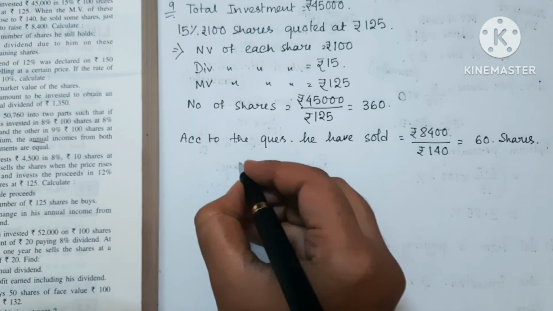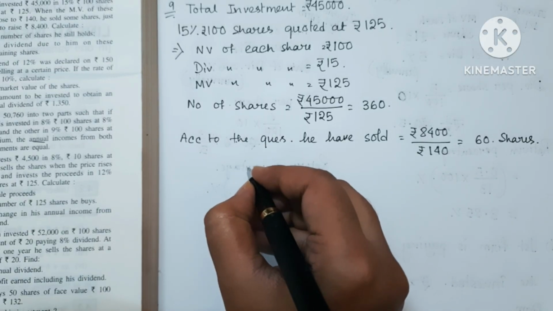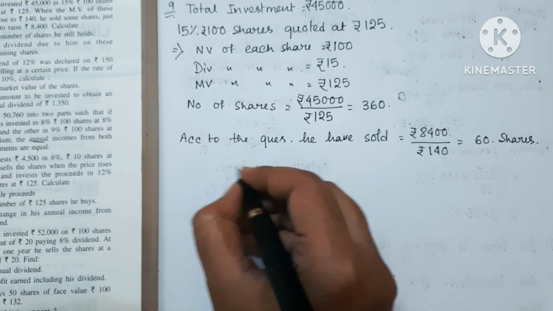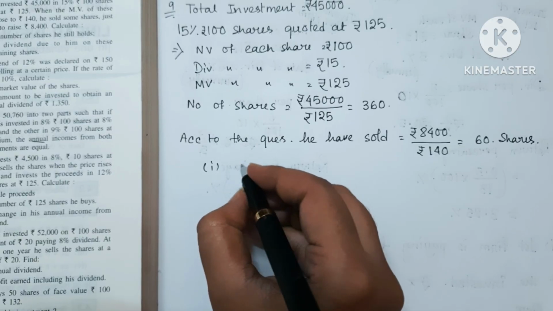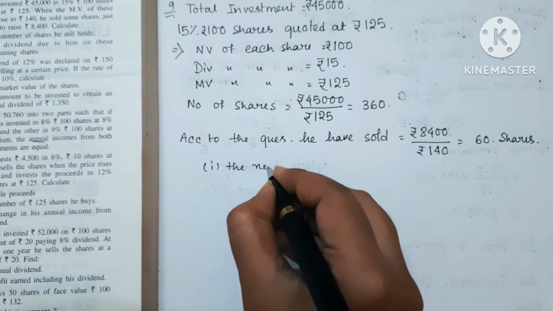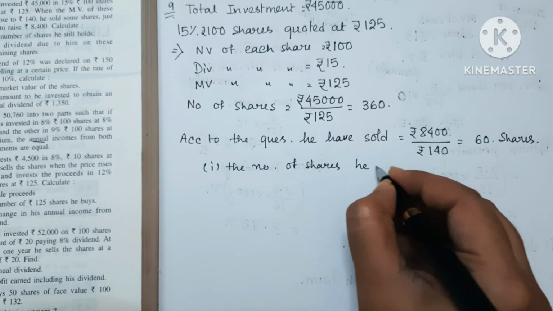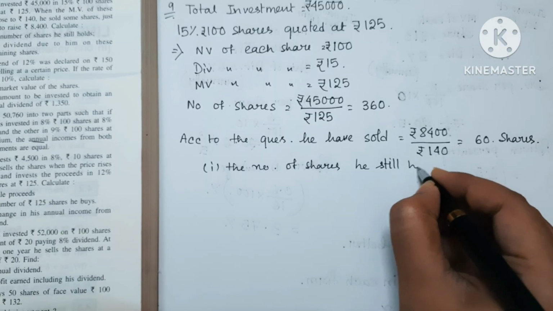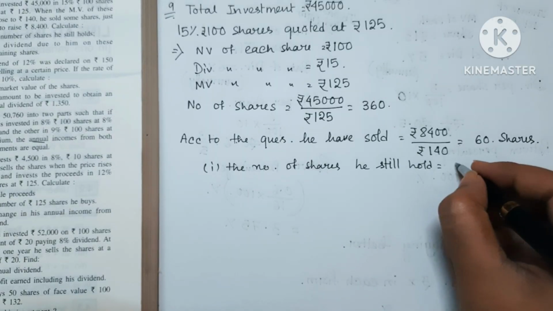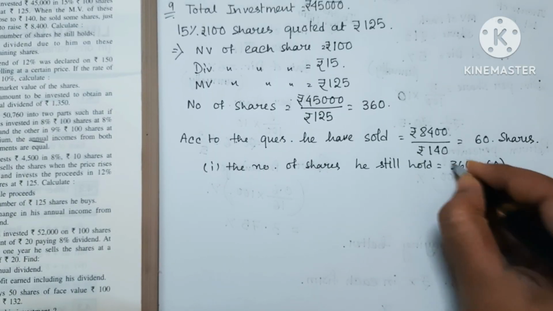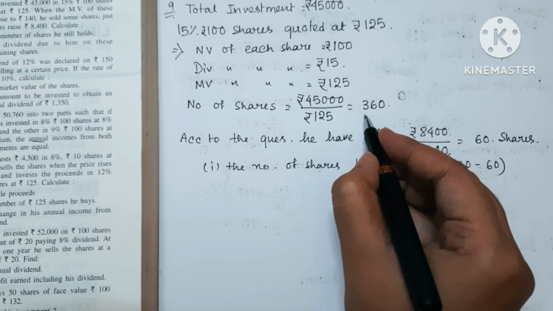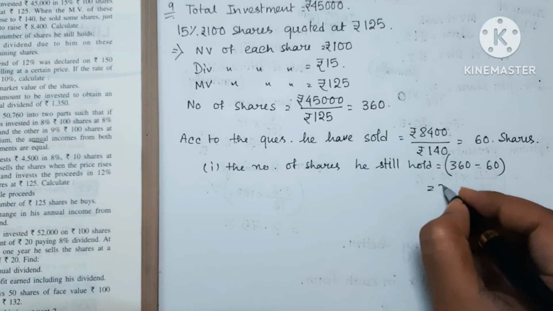So the answer to the first question, the number of shares he still holds, will be 360 minus 60, the total number of shares minus 60, so 300.